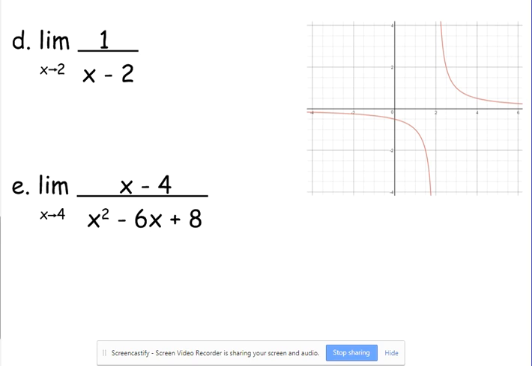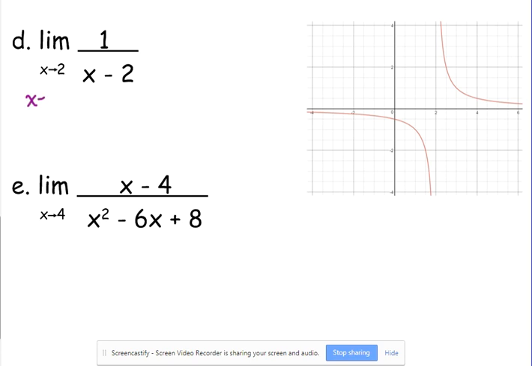Let's look at the function 1 over x minus 2. Now to help us out, I went ahead and put the graph of it there so we could visualize it. If you will recall, for rational functions, whatever makes the denominator equal 0, we have a vertical asymptote.